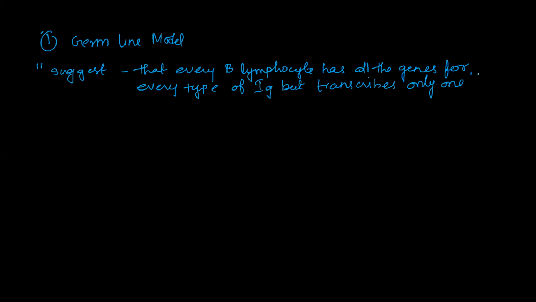So this is what the germline theory states: every B cell will have all types of genes for every type of Ig immunoglobulin. It is full of genes and it can be any gene, but it transcribes only one.